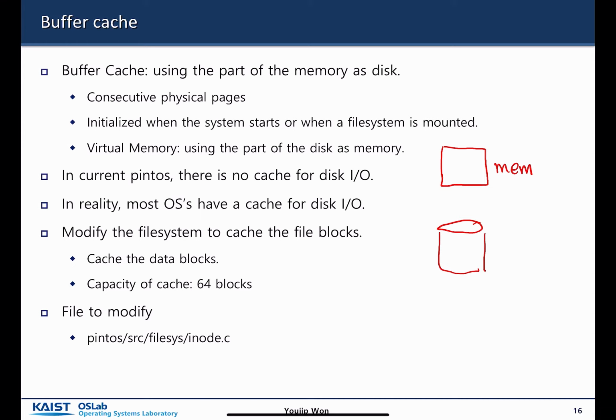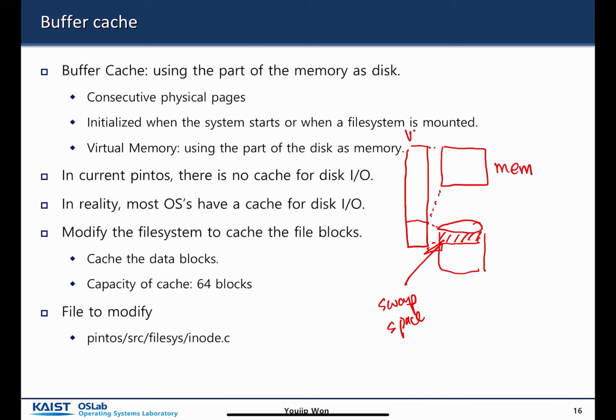Virtual memory is the concept of using a part of disk as a memory. It's something like this. So, say this part is mapped to memory, and this part is mapped to the disk, and this portion is called swap space.